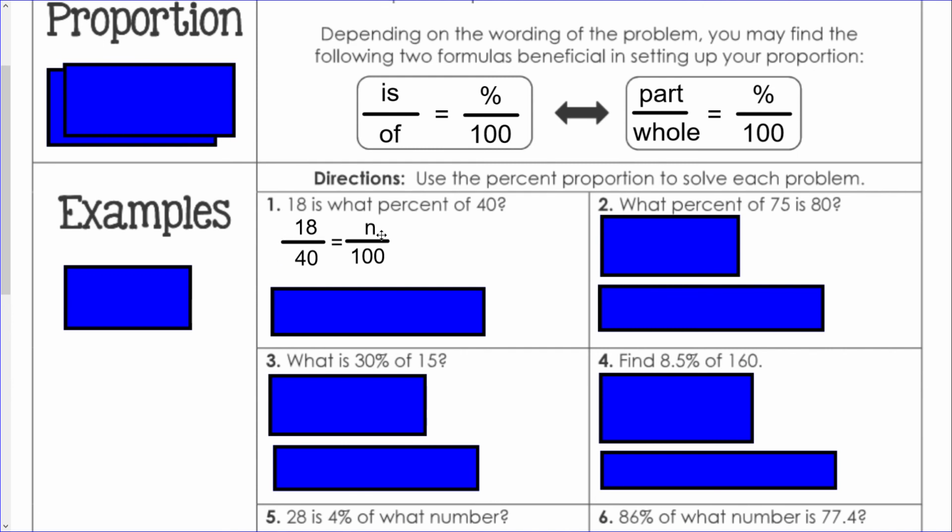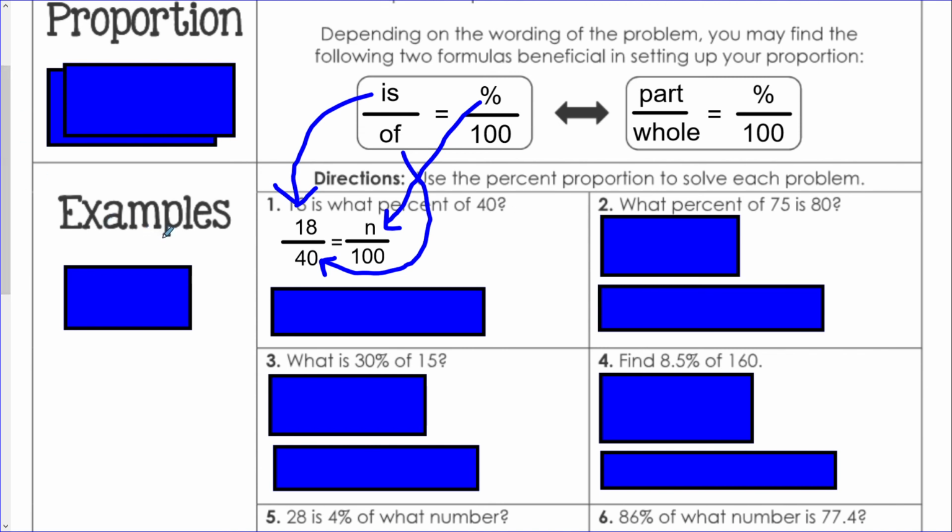And then n is our thing that we're trying to figure out. So we want what percent. So the percent part, because it says what percent, that's the percent number here. And I've used n, so hopefully there will be less confusion in the future. I'm just going to draw some arrows on here because arrows are great. So of is right there, and so we have what percent, so the percent is our n right there. Again, using n so there's no confusion with the multiplication symbol that I'll use later.